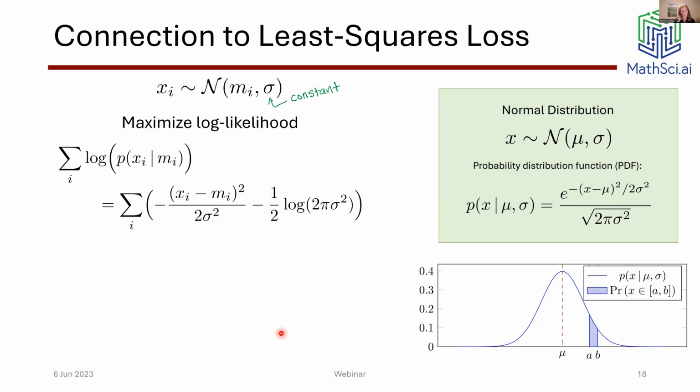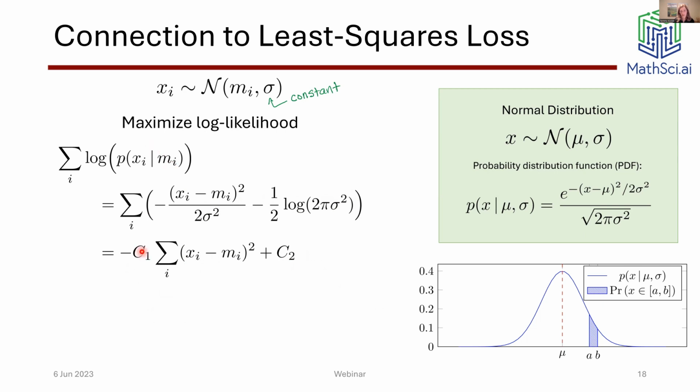Because we've taken the log, we get rid of this exponent, the fraction splits, it becomes a minus, and we get this sum. Now, sigma is constant, so we can pull out the 2 sigma squared to the front of the summation, and we're just left with xi minus mi squared, and the second term ends up just being a constant.